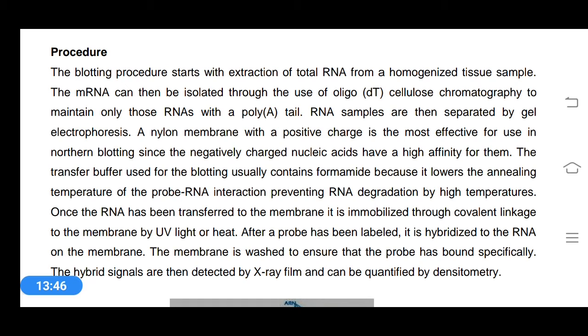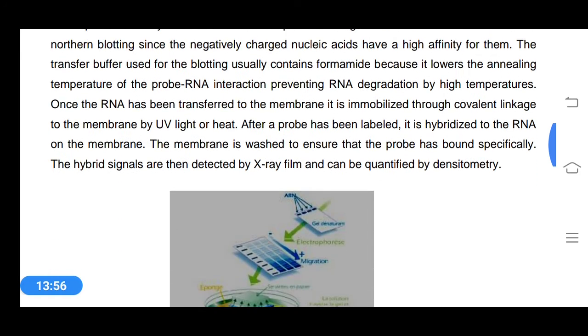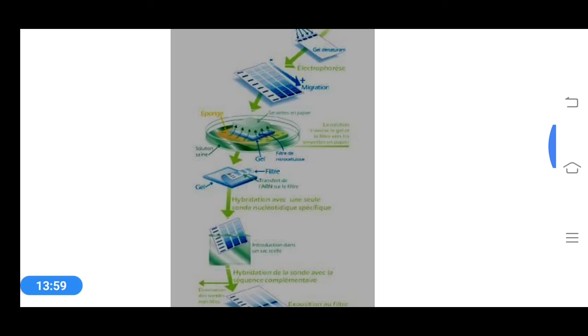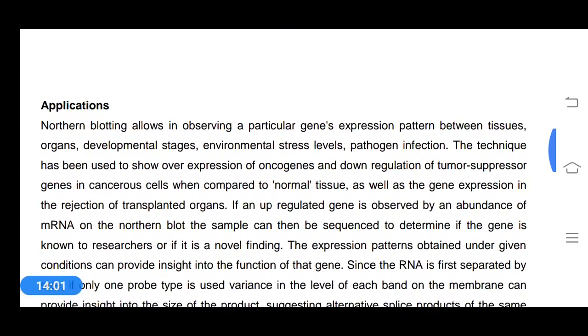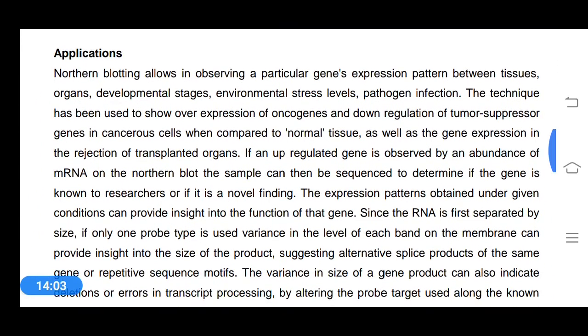Again the membrane is washed to remove the excess probe, and the hybrid signals are then detected using X-ray film of the autoradiography. So almost the technique is the same.